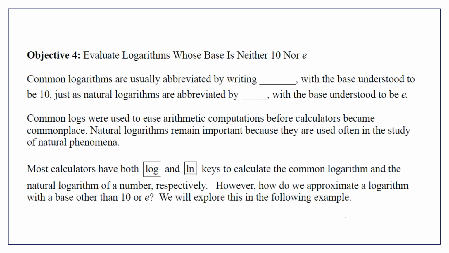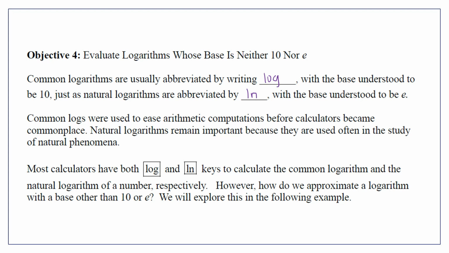Okay, but objective 4, evaluate logs with base is neither 10 nor e. So common logs are usually abbreviated by writing the log with the base understood to be 10, just as natural logs are abbreviated ln with the base understood to be e. Common logs were used to ease arithmetic computations before calculators became commonplace.